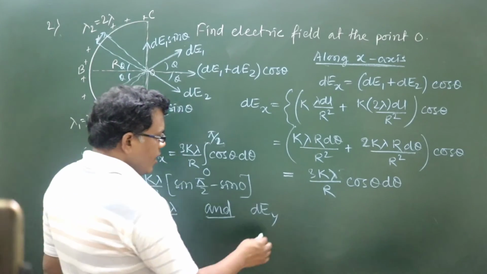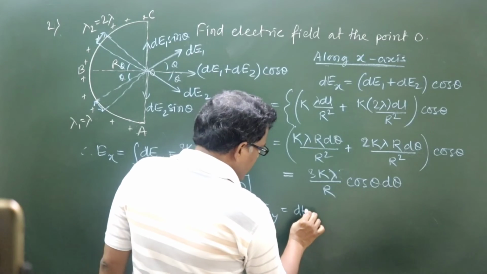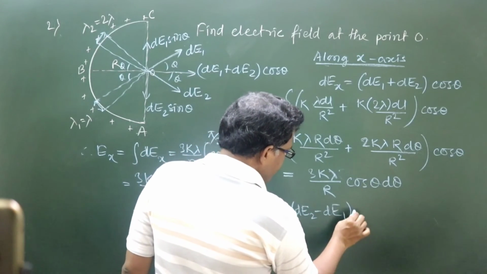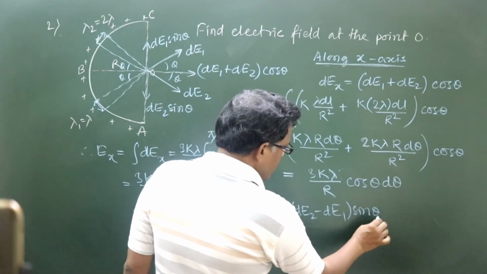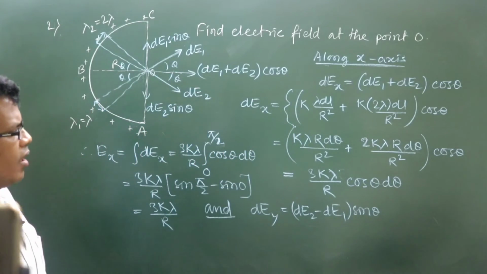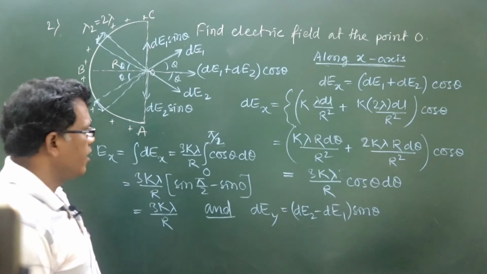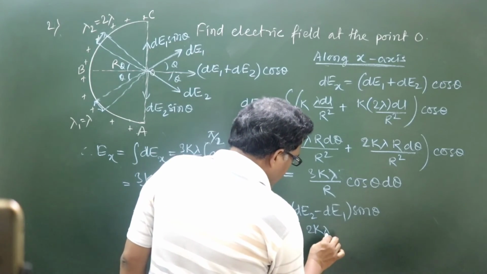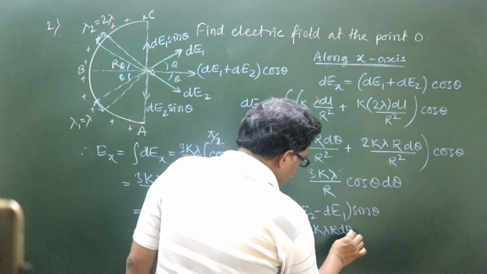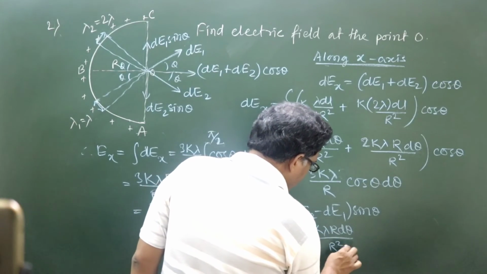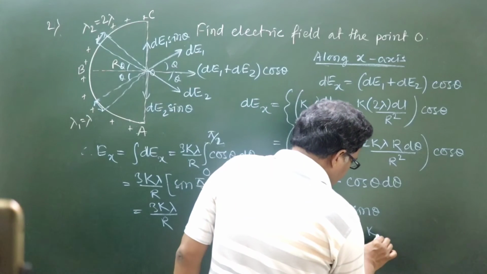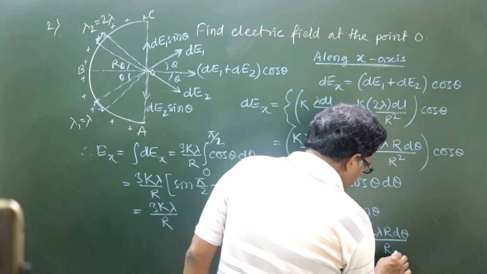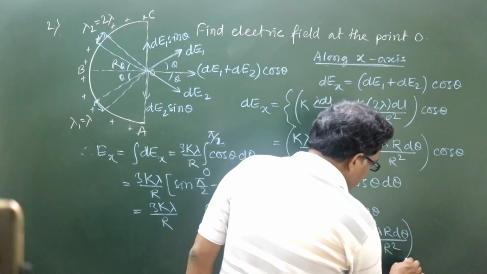So dEy can be written dE2 minus dE1 sin theta, right? dE2 can be written 2k lambda r d theta by r square minus k lambda r d theta by r square, that into cos theta.